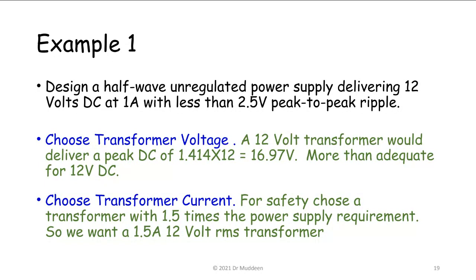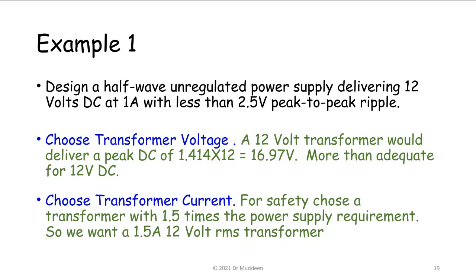The first thing is that you want 12 volts DC. Typically you would go to your electronics supplier or parts supplier, and if you want a 12 volt DC supply, you will ask for a 12 volt transformer. Why?